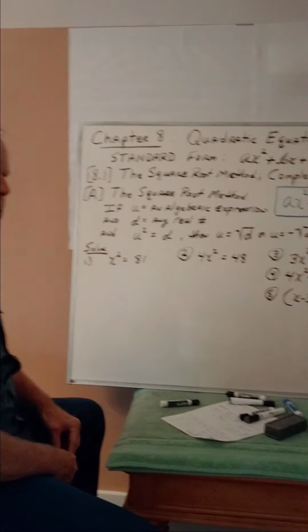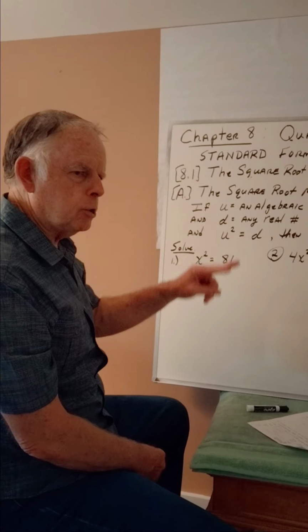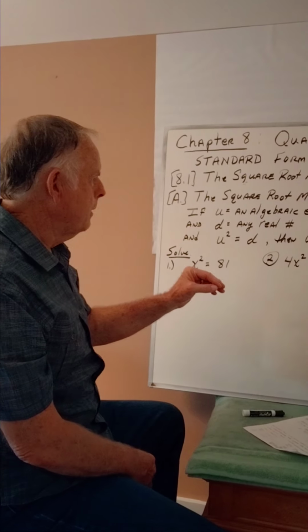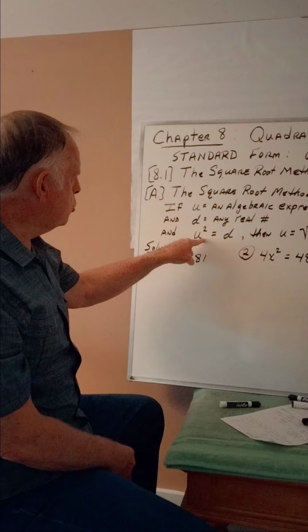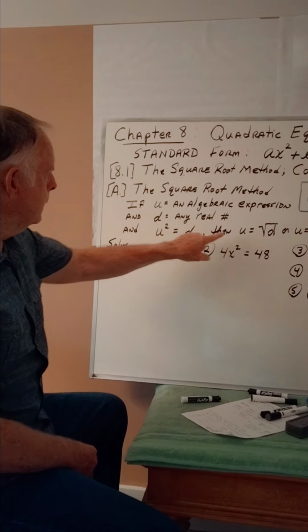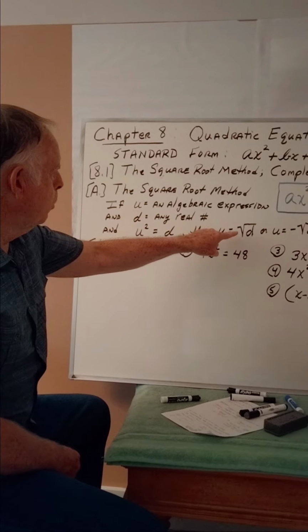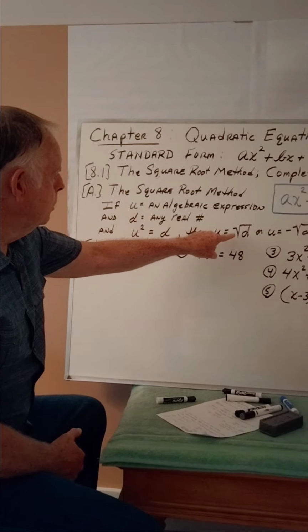Remember, when solving a quadratic equation, there are two solutions, always. So if u squared is equal to d, then u will be equal to the positive square root of d, or u would be equal to the negative square root of d. The premise behind the square root method is this format, and I'd like you to be aware of this format.